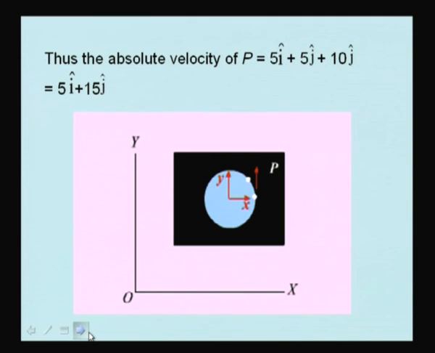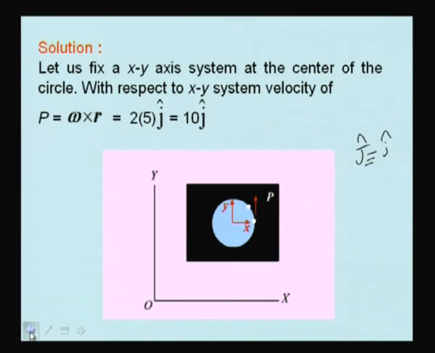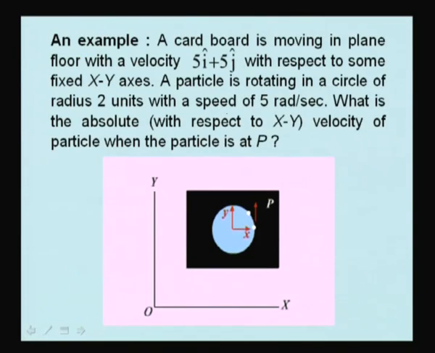Thus, the absolute velocity of P is equal to the velocity of the reference frame itself plus the velocity of the particle in that reference frame. It has already been mentioned that the cardboard is moving on a plane floor with a velocity 5i plus 5j.